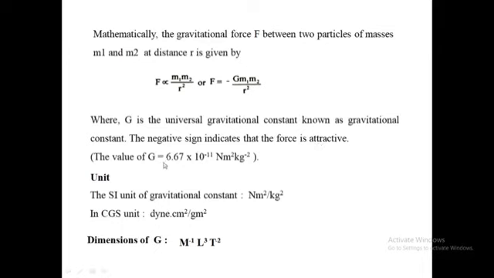The value of G is 6.67 into 10 raised to power minus 11 Newton meter square kg raised to power minus 2.